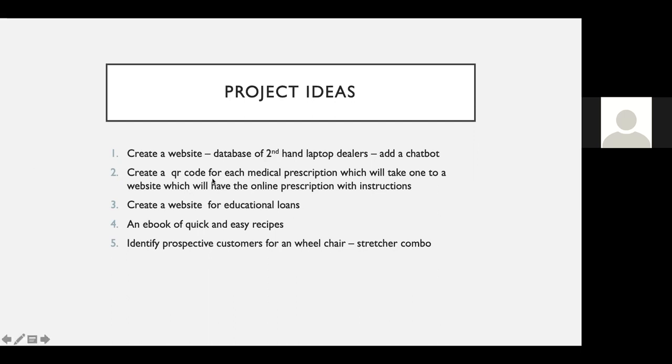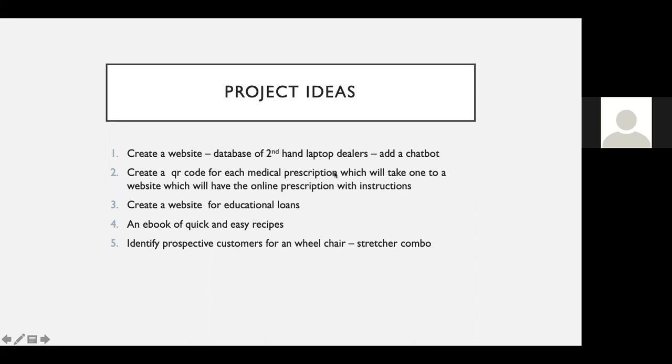Okay, the second idea I had was the medical prescriptions that we have. Sometimes they are very complicated. We are not even able to read what the doctor has said. So if there is a QR code for each medical prescription, that takes you to a website which has the medical prescription information.